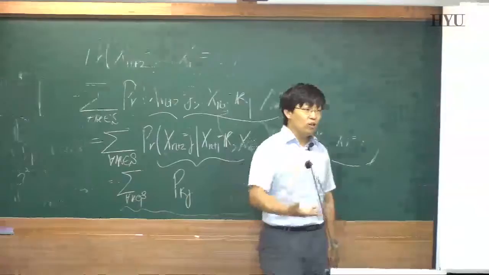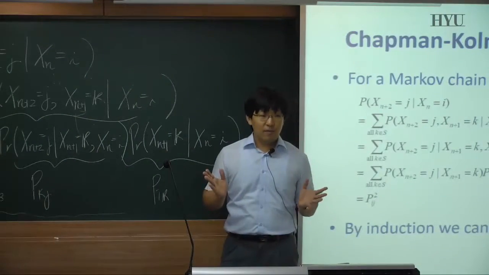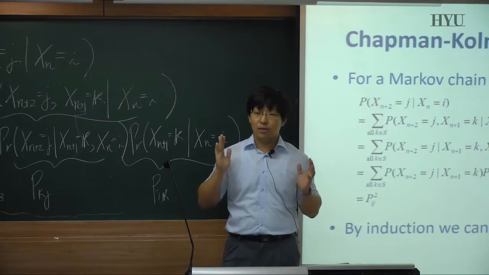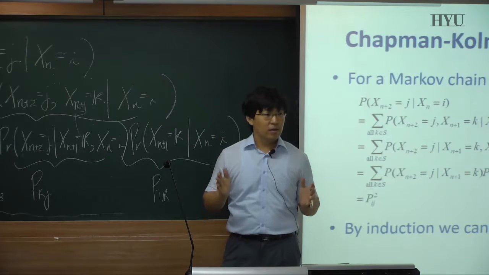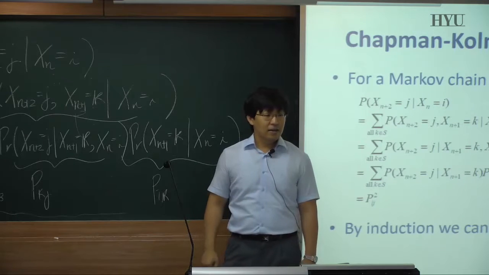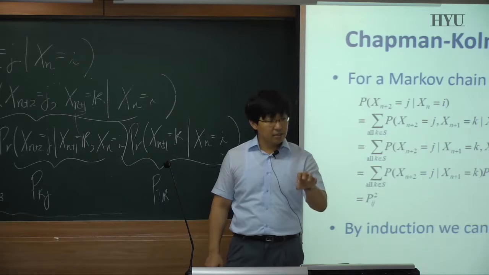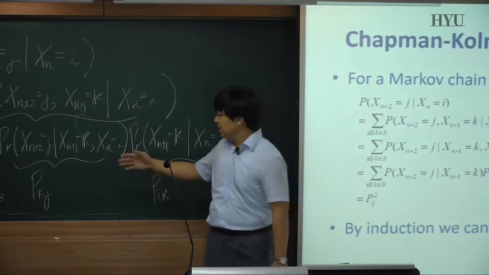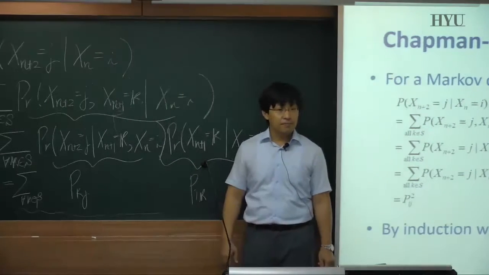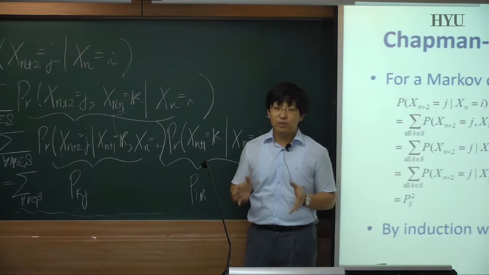How about 100 steps after? First, we can find P to the 100th power, and then pick the element in the i-th row and j-th column. Then the value is the same. Okay, that's the power of the discrete time Markov chain.